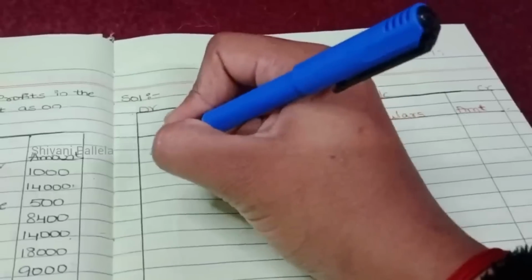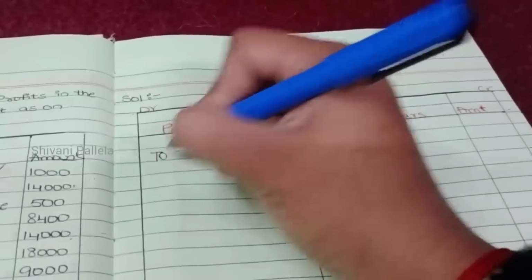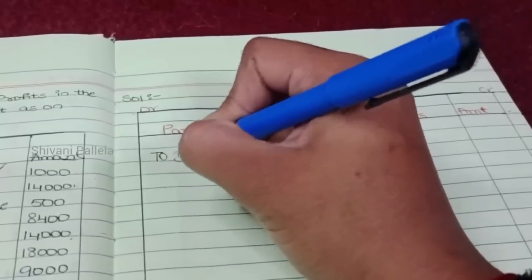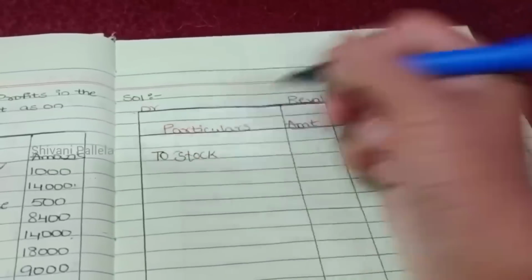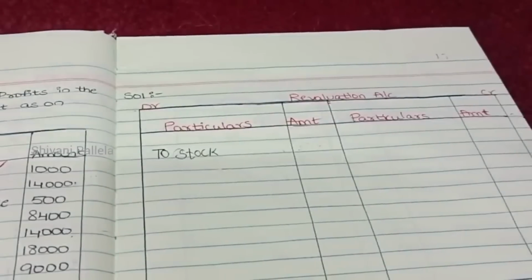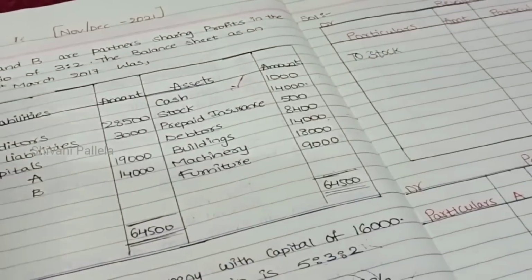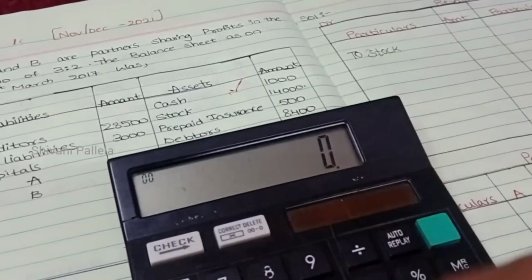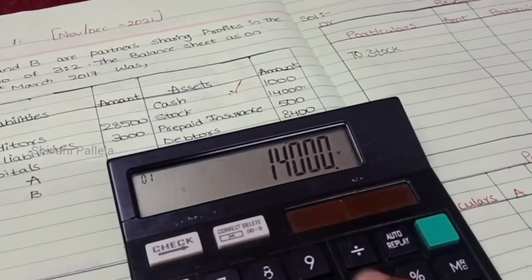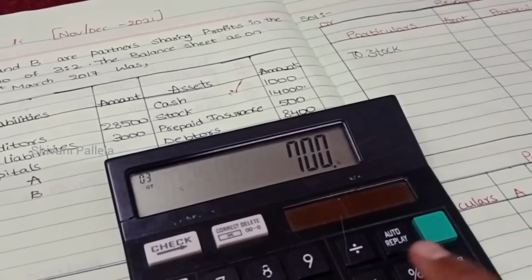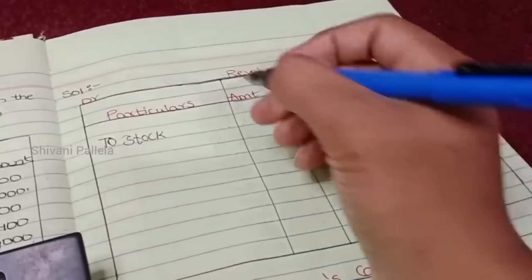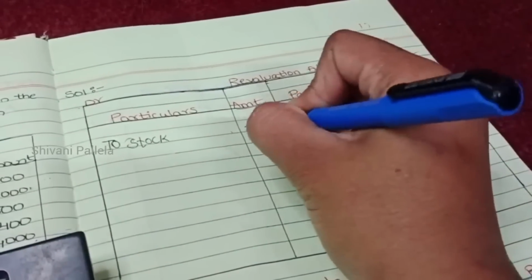Okay, so here I am writing to stock. Okay students, how much? 5% on 14,000. Asset value is 14,000, right? 14,000 into 5%. It is 700. Here I am writing 700.